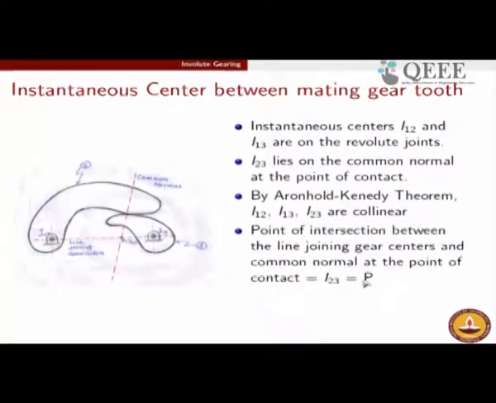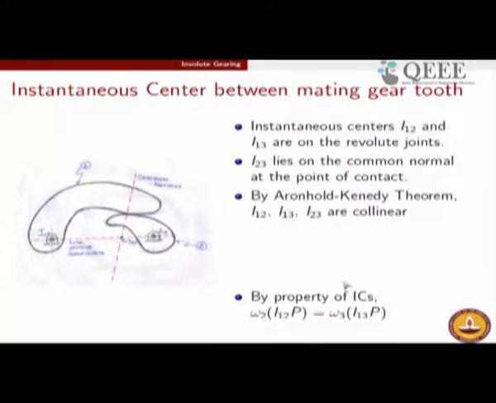If it is in body 2, the body has an angular velocity of omega 2. So, if I assume this point P is embedded in body 2, then it will have a linear velocity which is omega 2 times I12P, because remember this body is rotating about this point.